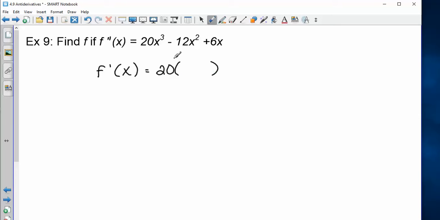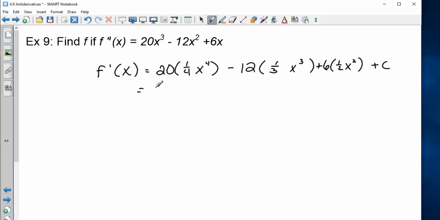That's 20 times x to the third becomes x to the fourth, so it needs a 1/4. Okay, x squared would be x cubed, so it needs a 1/3. X would become x squared, so it needs a 1/2, and then we put our plus c.